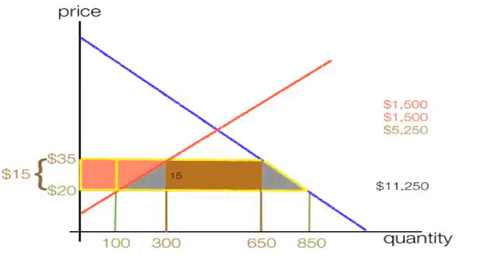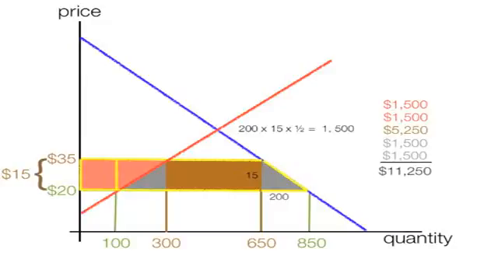Now the gray area is deadweight loss. The first triangle is 200 times 15 times 1/2, which is equal to 1,500. And the other deadweight triangle is the same as before, and that's another $1,500. So if we add all this up, it should add up to $11,250, which is equal to the lost consumer surplus.